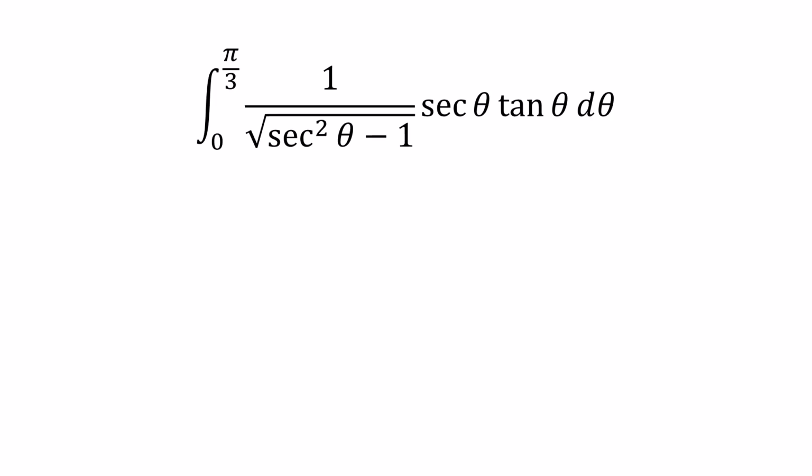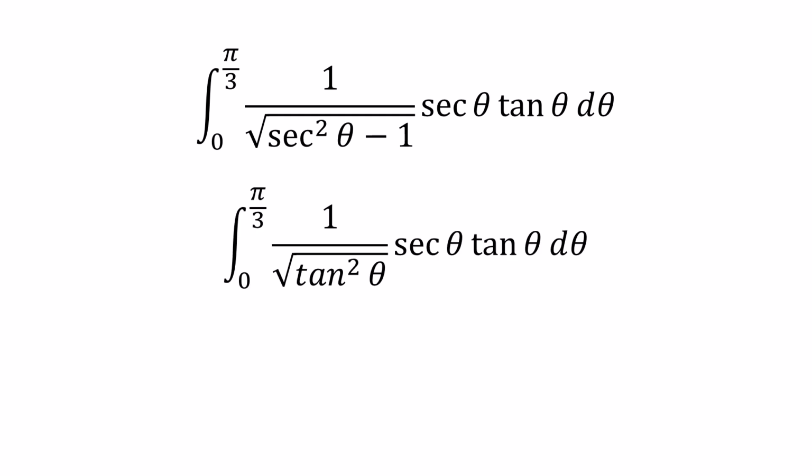Applying the Pythagorean identity, we obtain the integral from 0 to pi over 3 of 1 over the square root of tangent squared of theta secant of theta tangent of theta d theta.